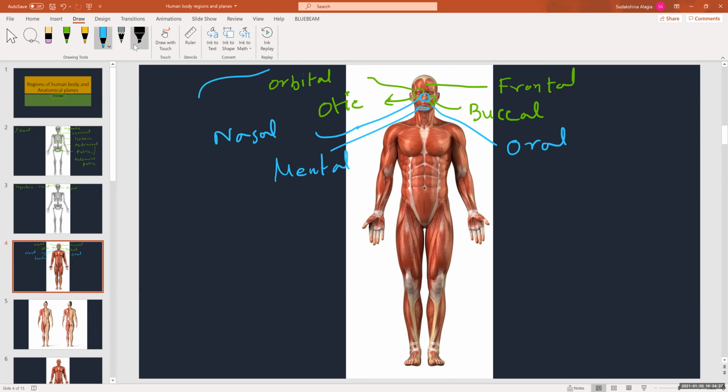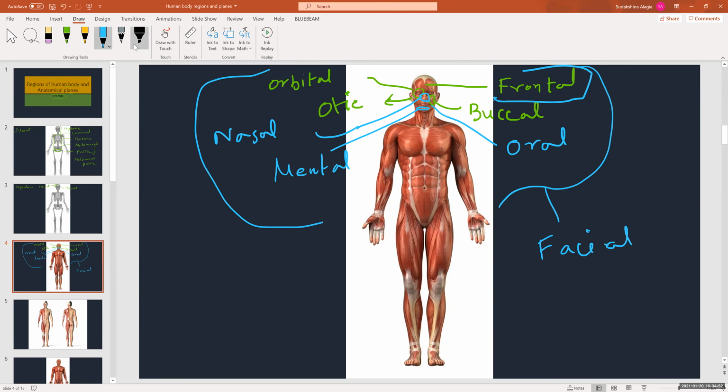All of this together, everything that we refer to, are part of facial, with the exception of frontal. So buccal, oral, otic, orbital, nasal, mental, these are all facial areas. Got that?